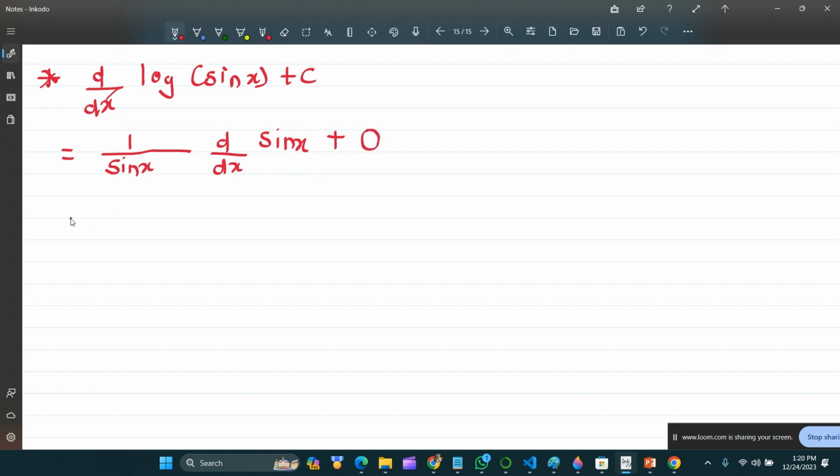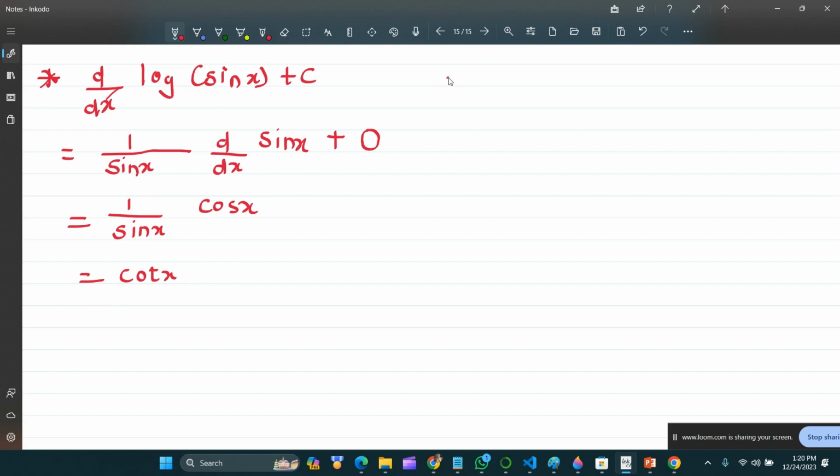Okay, now this is 1 upon sin x as it is. What is the derivative of sin x? That is cos x. Okay, 1 into cos x is cos x. Cos x divided by sin x is cot x. This is a trigonometric formula if you remember. So you can see here derivative of log of sin x is cot x.